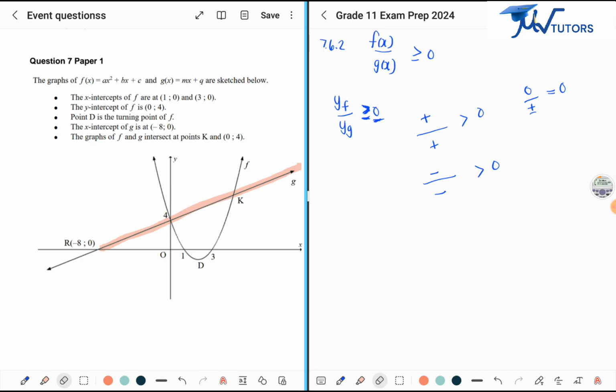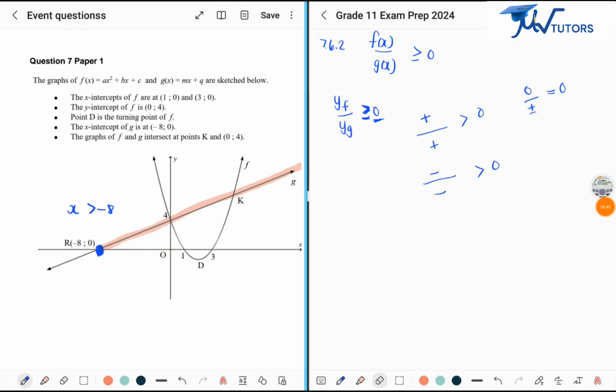From negative 8, negative 8 and above, g is positive, and 0. Okay, the y values there. So from x bigger than negative 8, the y values are positive.